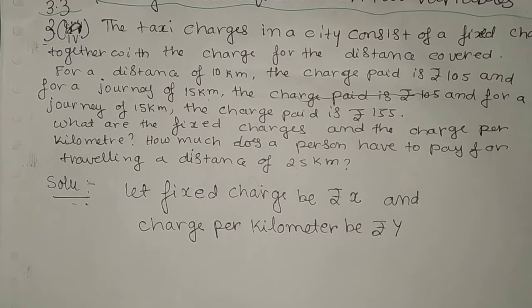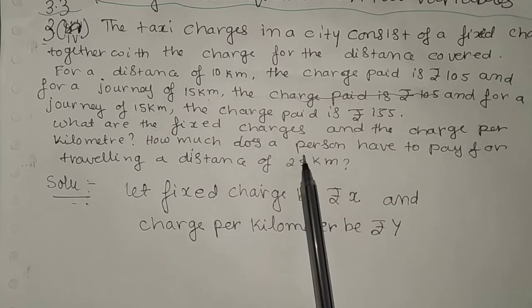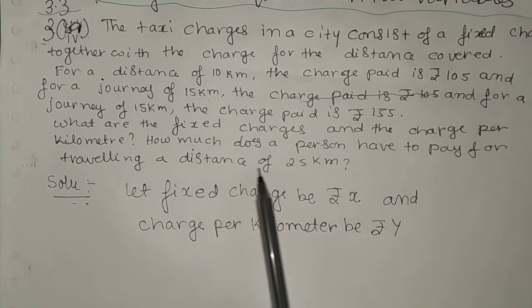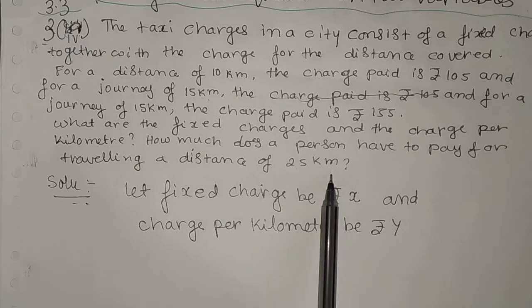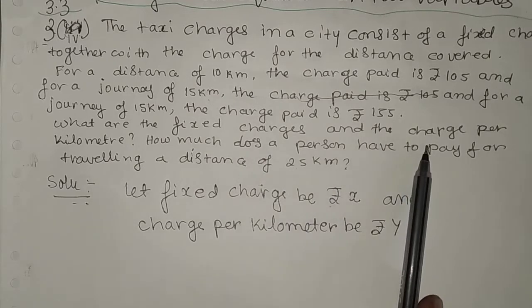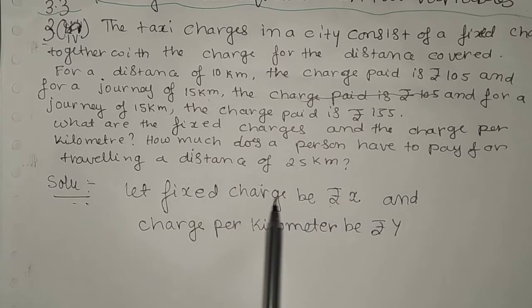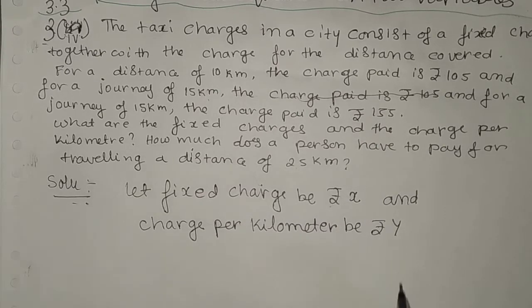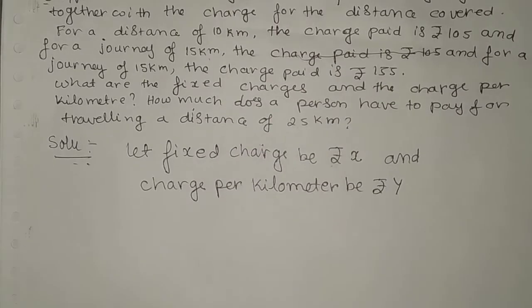In the question we have to find how much a person has to pay for traveling a distance of 25 kilometers, and what the fixed charge and charge per kilometer are. So two variables are taken here.